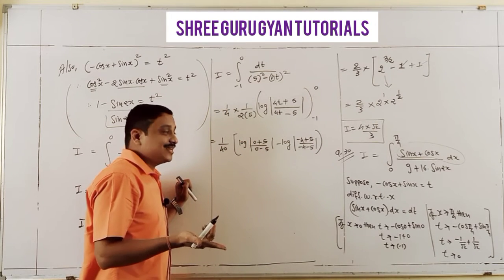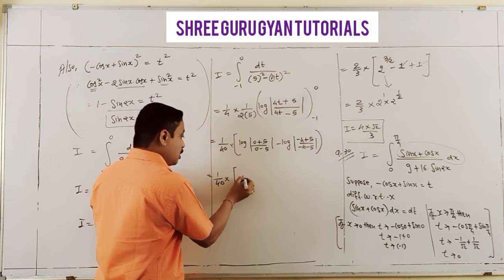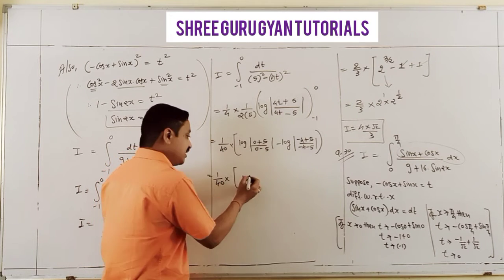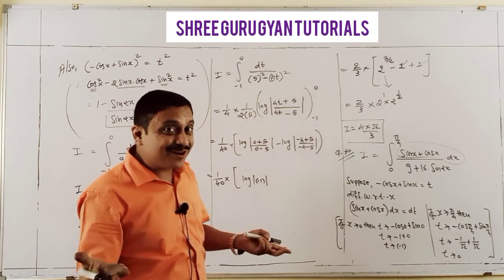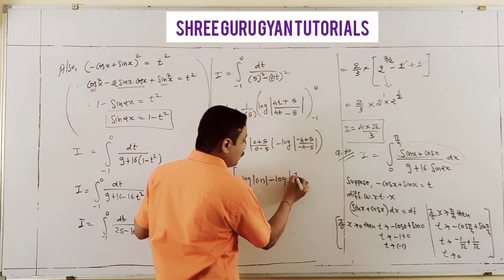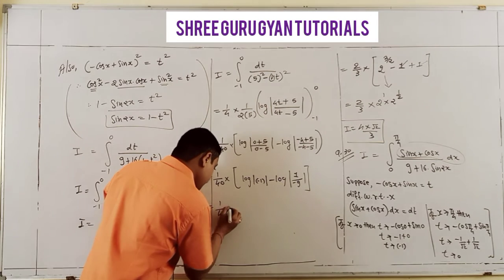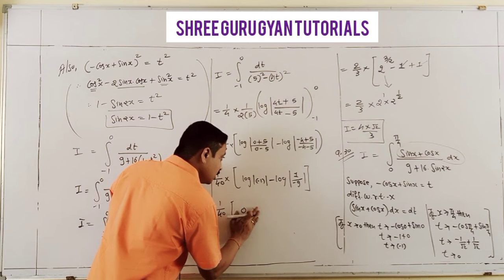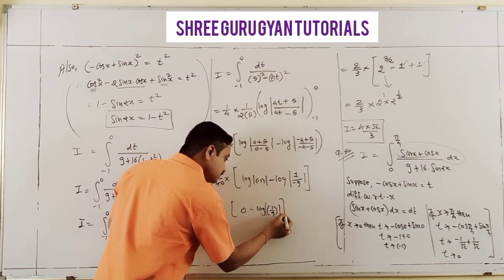Now easily done. 1 by 40, here log 5 by 5, indirectly 1, but in modulus it means log 1, which is 0. And here students, log of 1 by 9. So 1 by 40 times 0, and here minus log 1 by 9 in modulus.